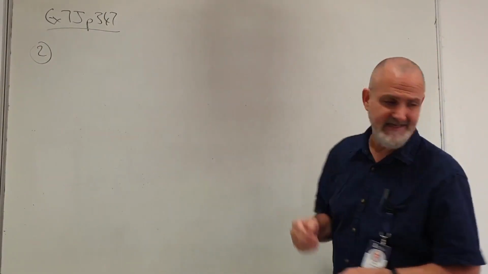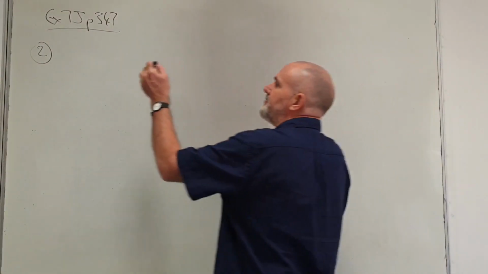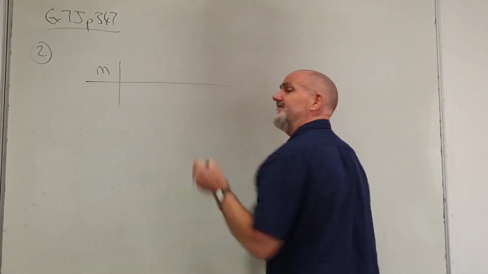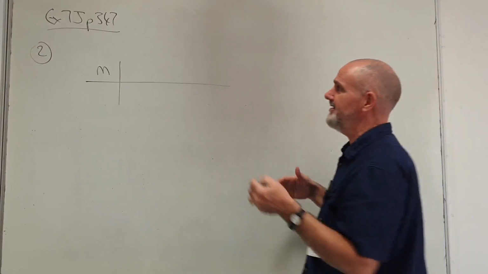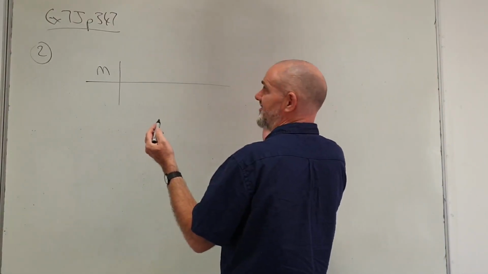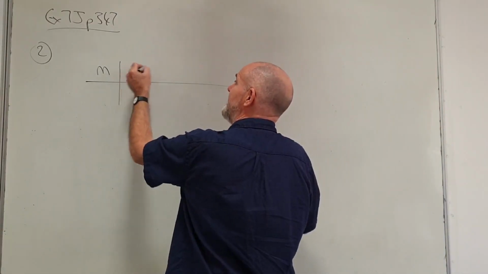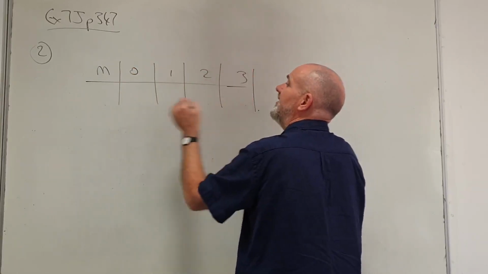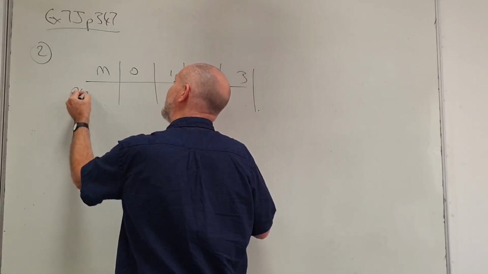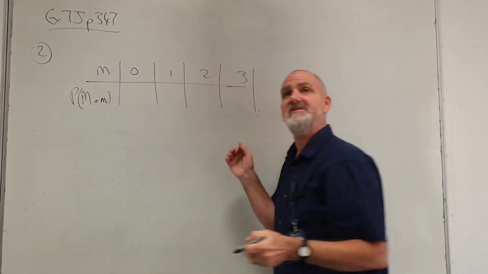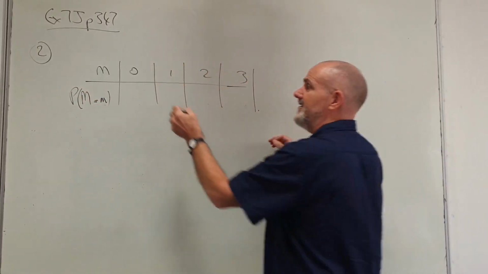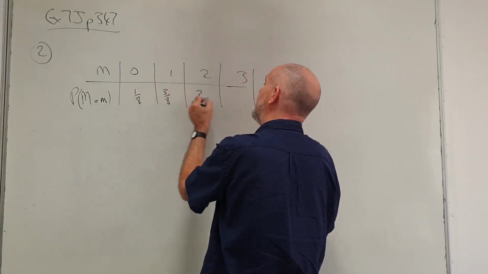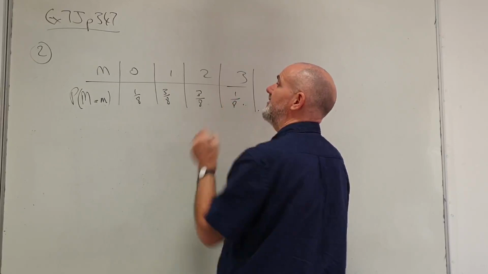We actually did it for females, but because it's absolutely balanced, 50% of each, it doesn't matter. So the number of males can be 0, 1, 2, or 3, and the probability that capital M takes the specific value m was 1/8, 3/8, 3/8, and 1/8.